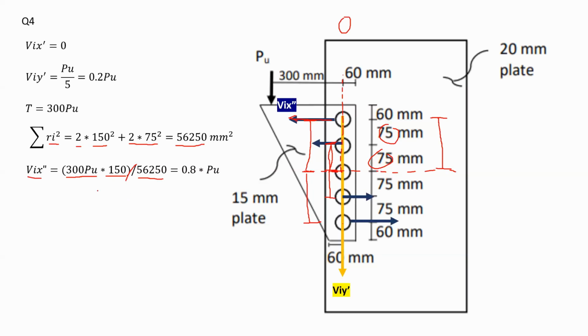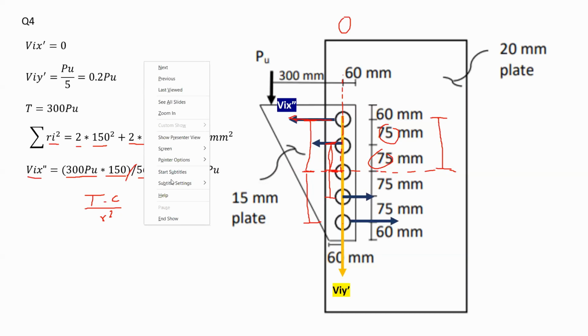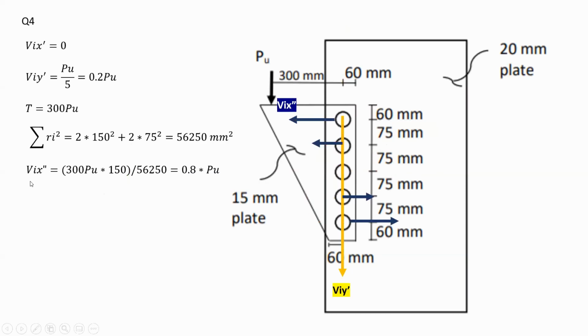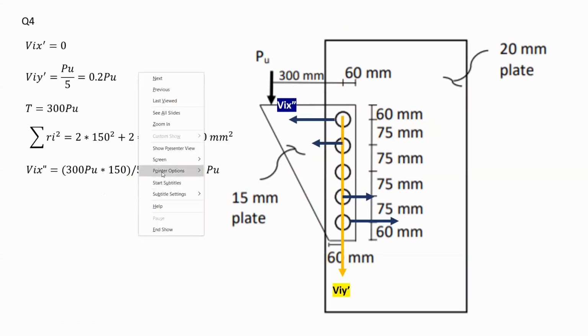Okay, so in here, as you can see, that's my equation. This is like T multiplied by C, you can say, divided by R, but this R is squared. Okay, now we have everything set in my equation, and I get V_ix'' equal to 0.8 P_u.